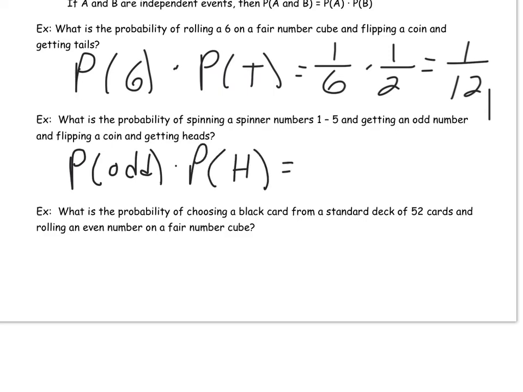Now, how many ways can I get an odd number on a spinner numbered 1 through 5? Let's see, 1, 2, 3, 4, 5. Odd numbers are 1, 3, and 5, so 3 out of 5. And flipping a coin and getting heads, there's heads or tails, so 1 out of 2. And multiply straight across, and we'll get 3/10. Probability of odd and heads is 3/10.